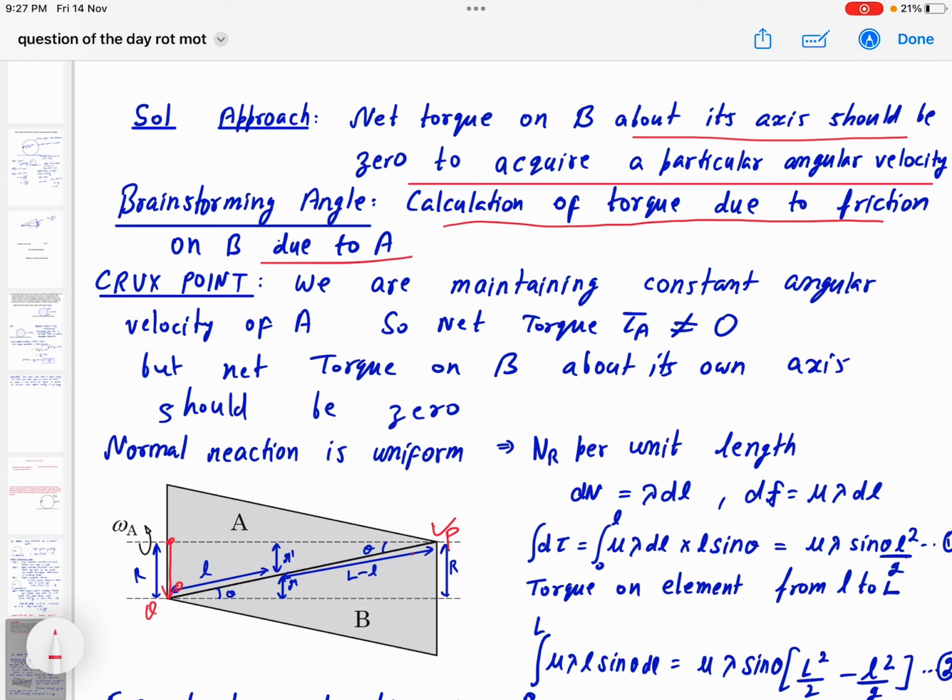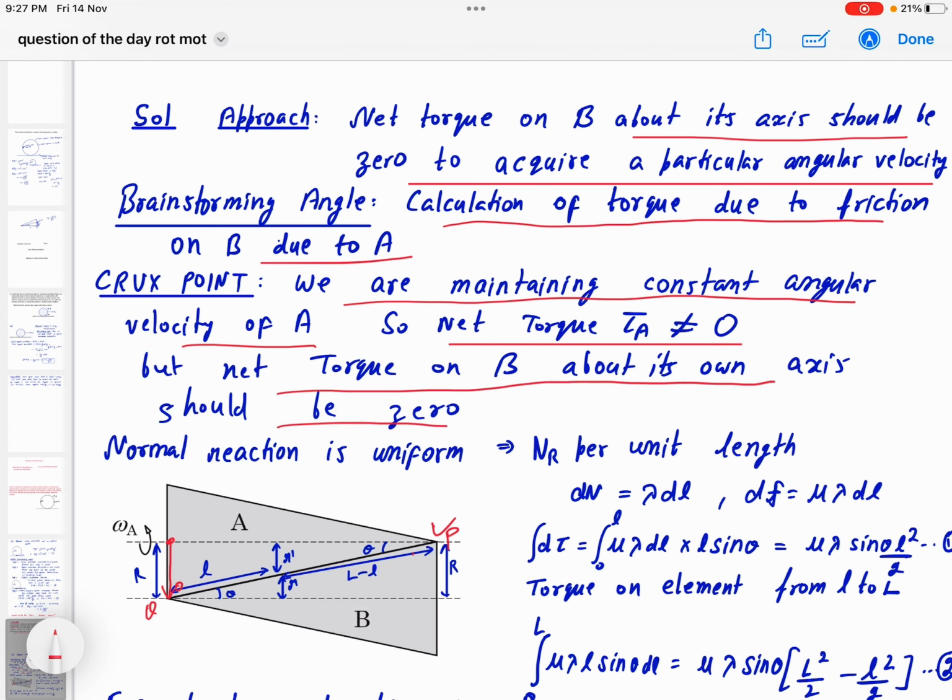The frictional force direction is different at different points. In the question they say the pressing force is uniform, and we are maintaining a constant angular velocity of A. So the net torque on A about its own axis is 0, but for A it can be non-zero, no problem, because you are maintaining angular velocity. But for B, the net torque about its own axis has to be 0.